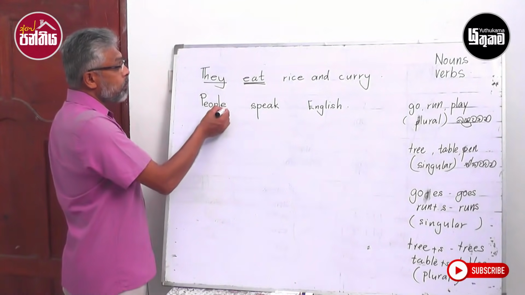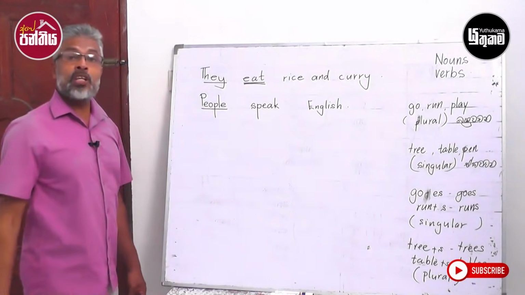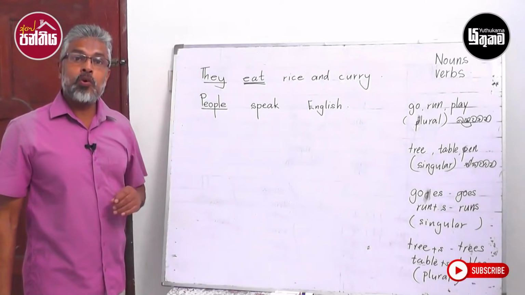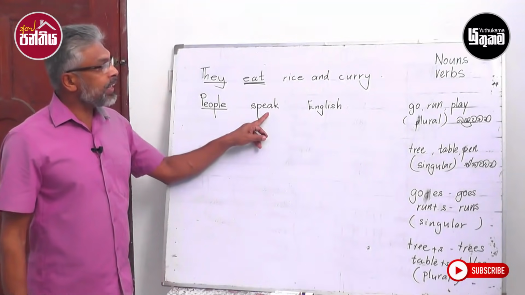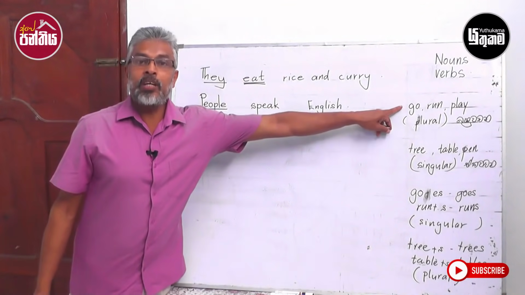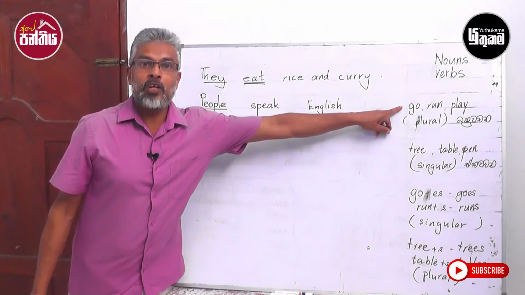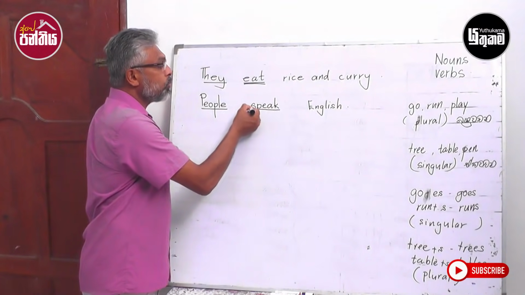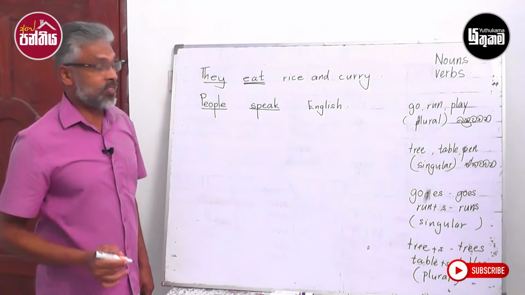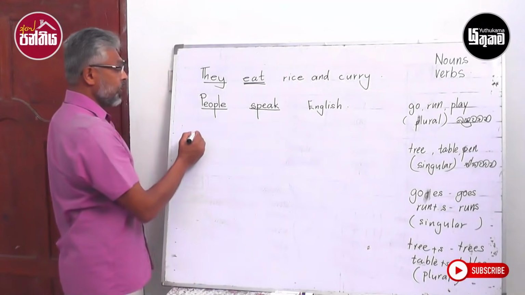So look at this one. People, minisu, the plural form, plural subject. And the speak again, you can see speak, plural verb. So with people, you need to use speak, not speaks. English.